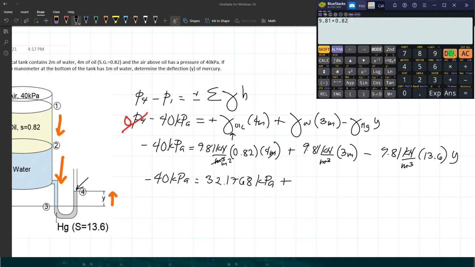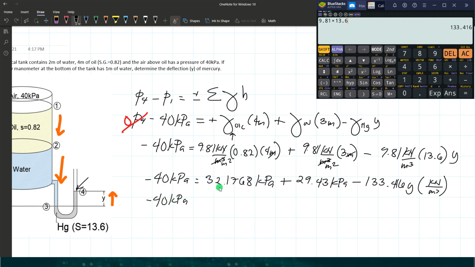Plus 9.81 times 3, 29.43 kilopascal, minus 9.81 times 13.6, which is 133.416, still in kilonewtons. So y is in kilonewtons per cubic meter unit. Okay, so combine like terms.